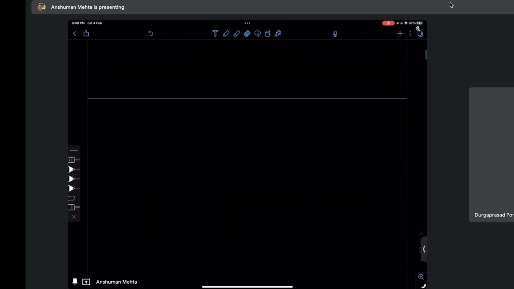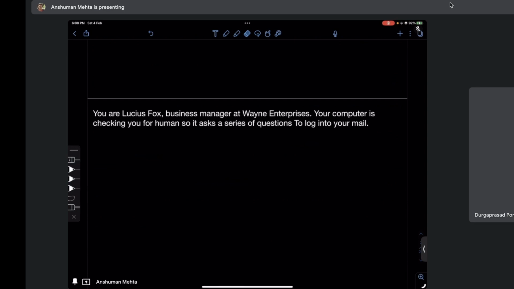Okay, so we will start. You are Lucius Fox, business manager at Wayne Enterprises, and your computer is checking you for human, so it asks a series of questions to log into your mail. For those who don't know, Gotham City is a fictional city, and Wayne Enterprises is a multi-billion company of which you are a business manager, and you are also very good at technological things.